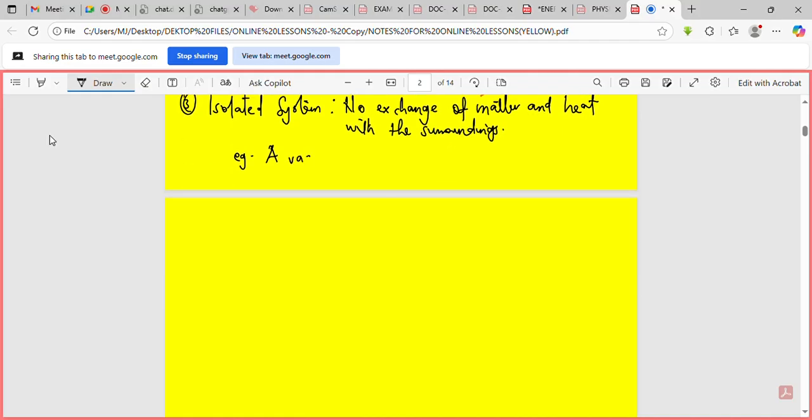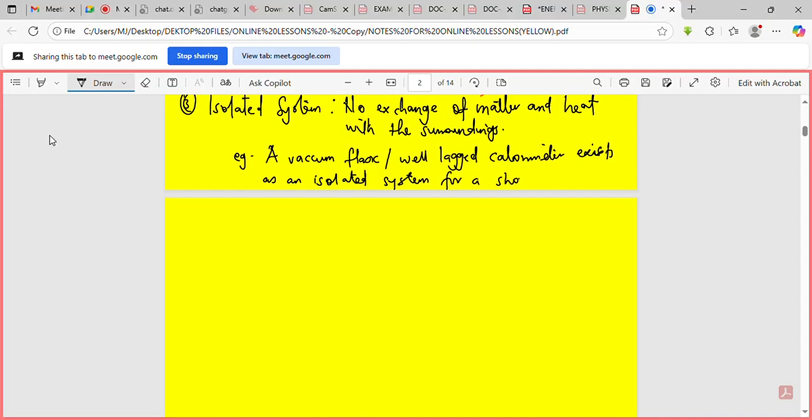A vacuum flask or well-lagged calorimeter exists as an isolated system for a short period.